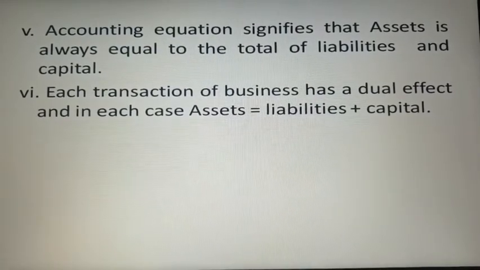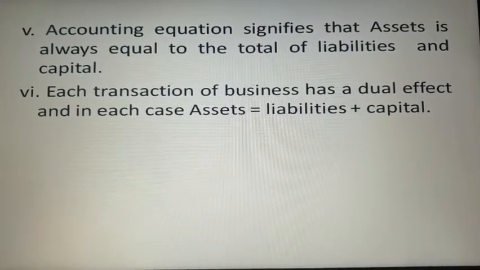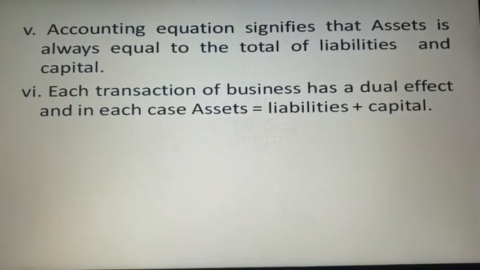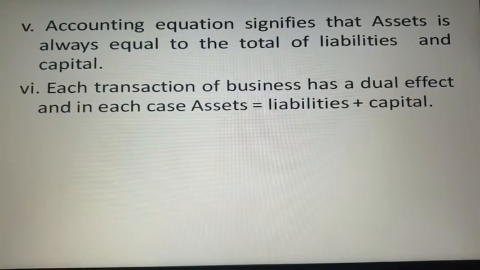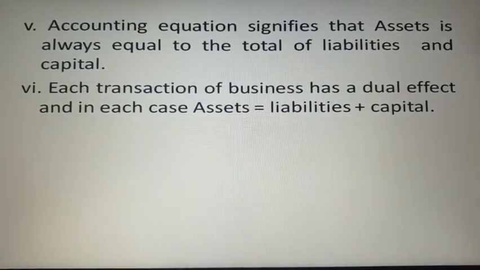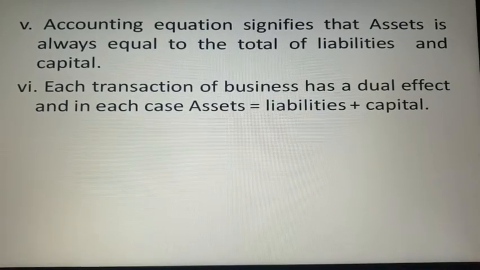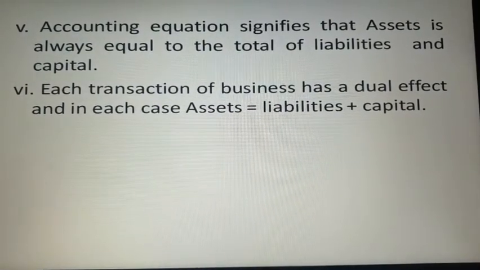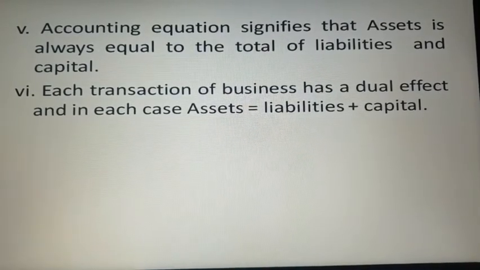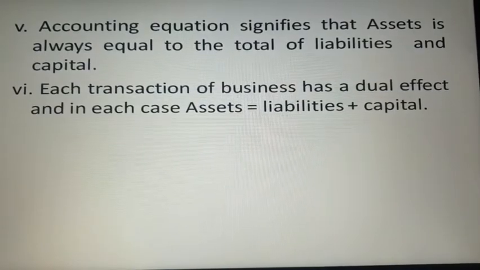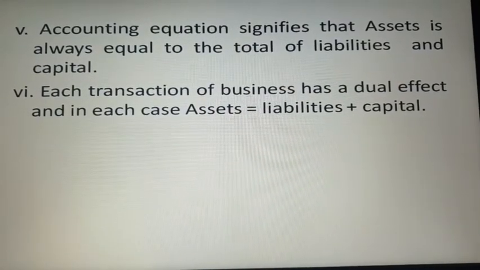And after the effect of each transaction, the accounting equation comes to asset equals liability plus capital. So this is how your accounting equation comes, and it is basically to understand the concept of the balance sheet. So the accounting equation itself comes out of the balance sheet.